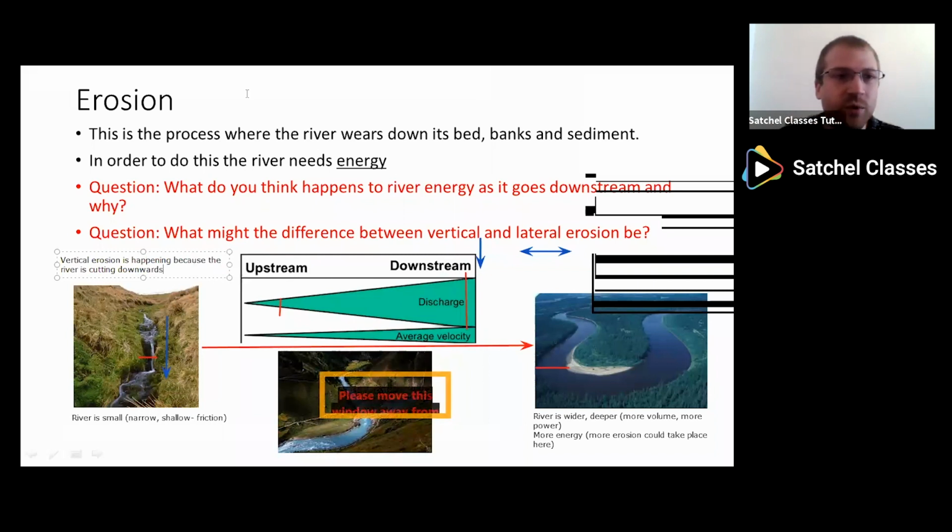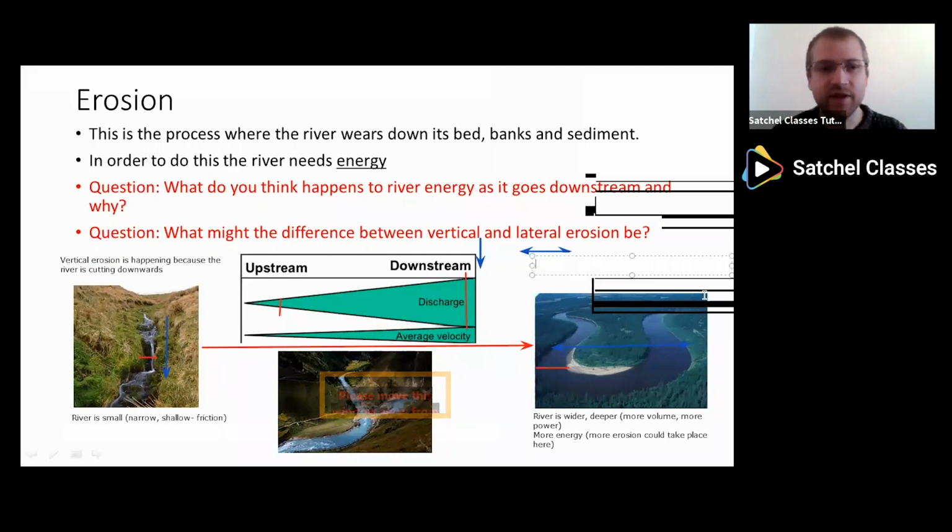So if we go to our other diagram, we can see here it's not cutting downwards anymore, but it bends, it meanders, it changes shape. So here we can see that actually it's not cutting downwards, but it is eroding laterally. So we'll add this in here. We say lateral erosion.